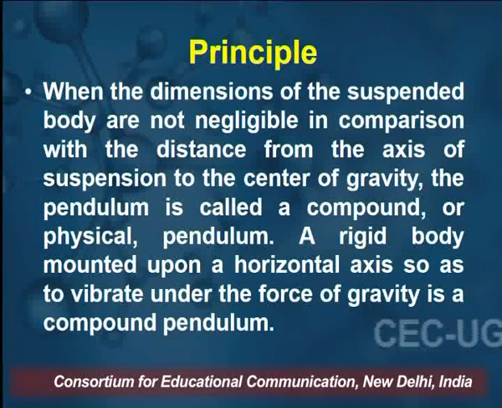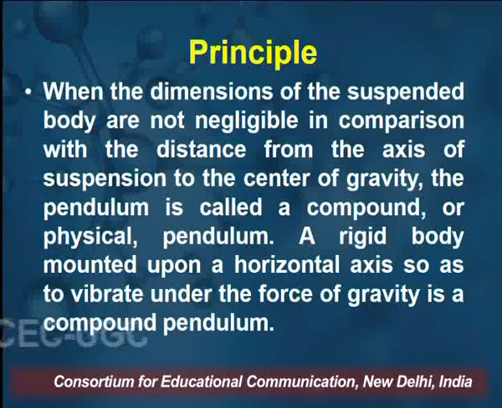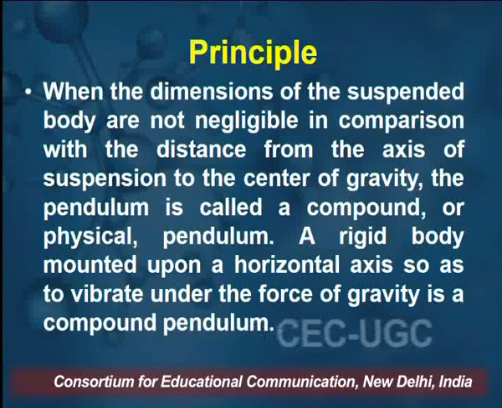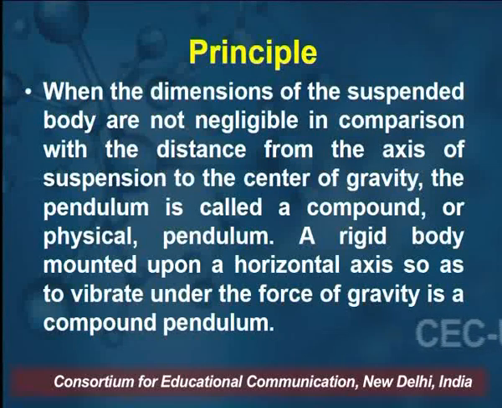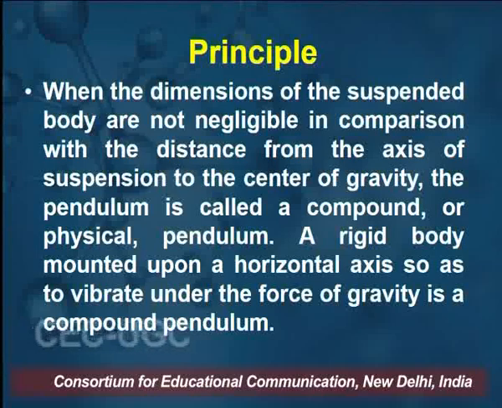If we take the brief definition, or in the simple way, we can define the compound pendulum, which is a rigid body mounted upon a horizontal axis so as to vibrate under the force of gravity.